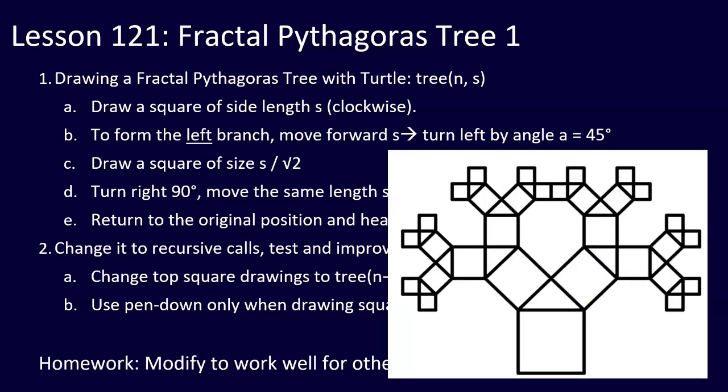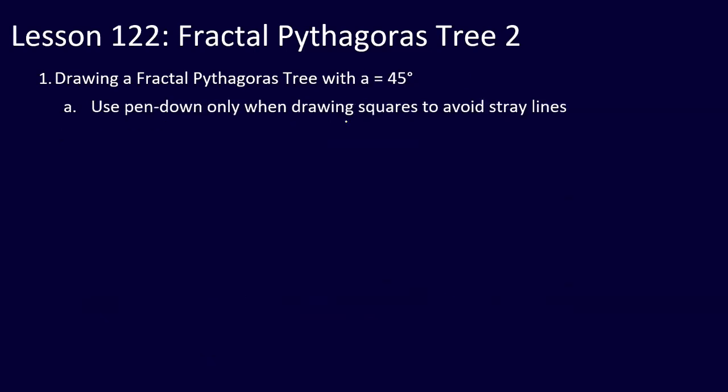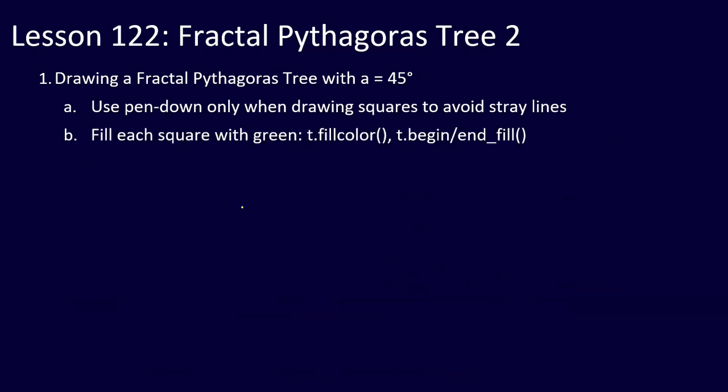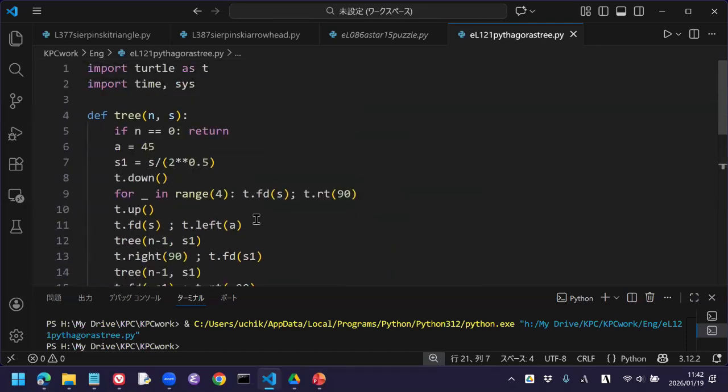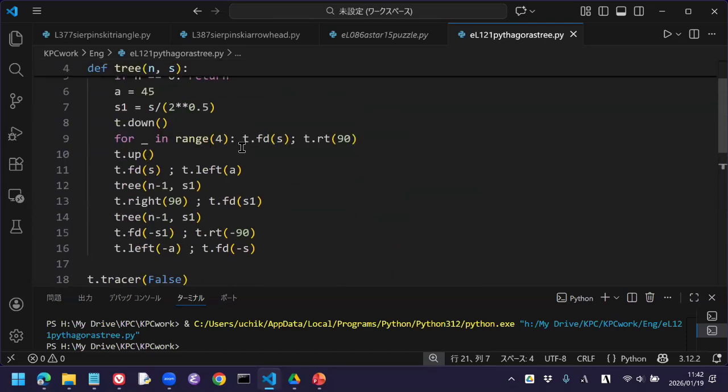Okay, so from here, we were up to here. So let's first learn how to fill color in this. Fill color, we can do by t dot fillcolor green and then t dot begin_fill and end_fill. So to do that, we write, for example, here, this is the square drawing part.